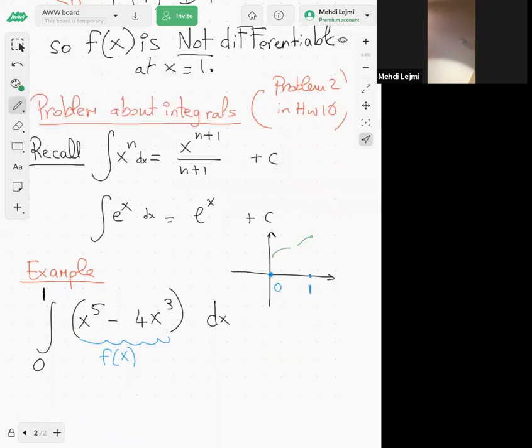This definite integral represents the area of this region, which is bounded by the graph of f of x and the interval 0, 1. That's the interpretation. So you want to compute this area, or this definite integral.